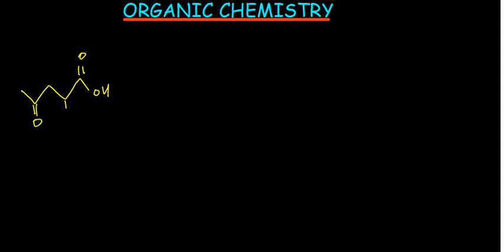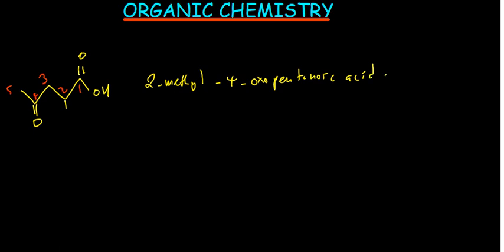Well, our group of highest priority here is the carboxyl, so this will be 1, 2, 3, 4, and 5 there. At position number 2, we have got a methyl. Methyl comes first in the alphabetical order than O. Position number 4, we have got oxo, 5 carbons, pentanoic acid. So that is going to be the name for this one.